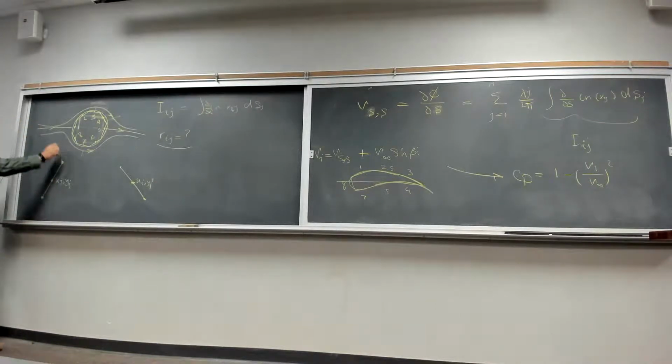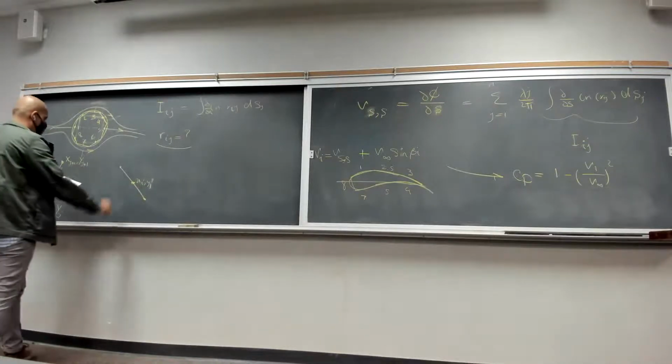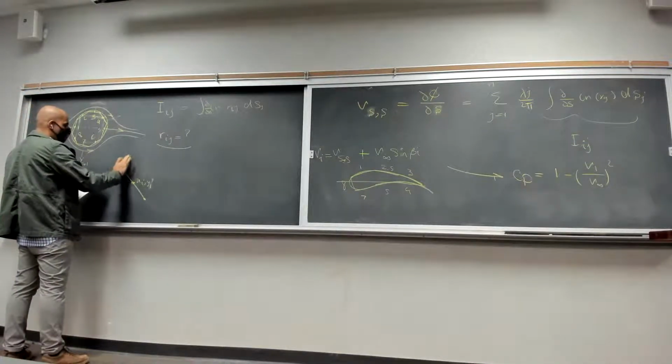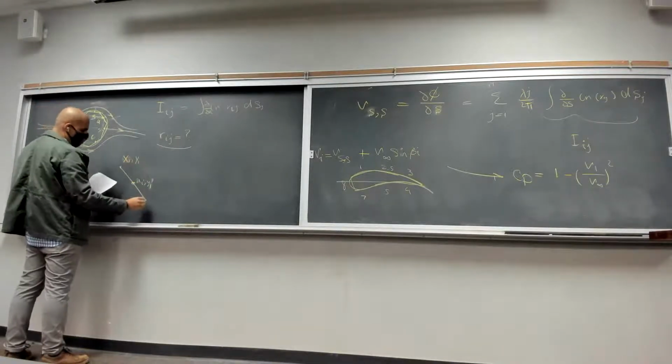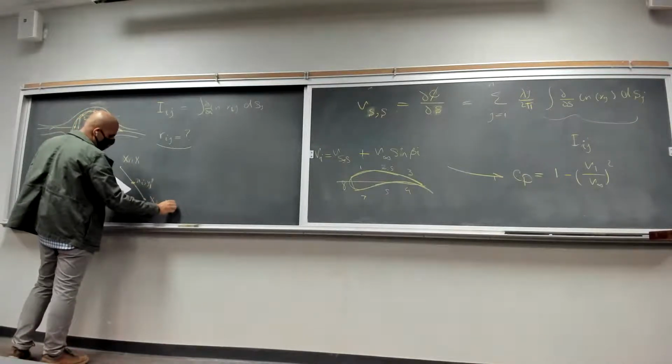The ending points of any panel we are going to call capital Xj and capital Yj, capital Xj plus 1 and capital Yj plus 1. Same idea here: the coordinates of this point, xi, yi, xi plus 1, and yi plus 1.